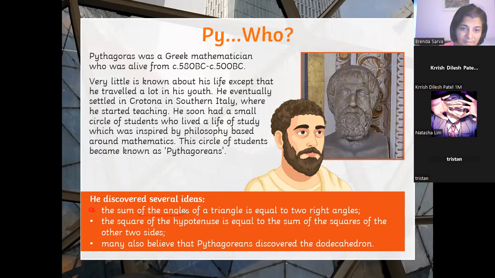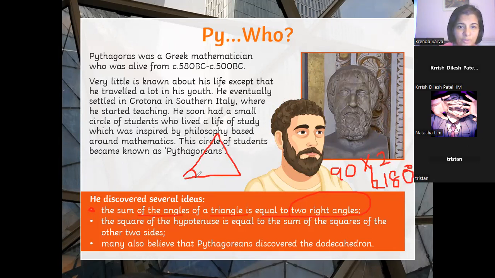That the sum of angles of a triangle is equal to two right angles. Do you know what two right angles is? A right angle is 90 degrees. So 90 degrees times 2 is 180 degrees. Is it true that all triangles, if you total up their angles, is going to be 180? Yes, no matter what type of triangle.